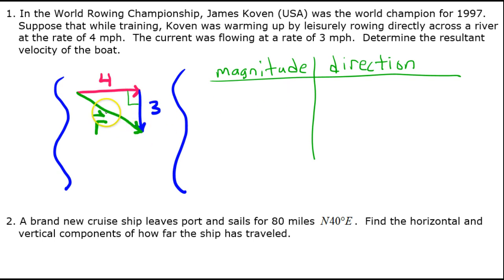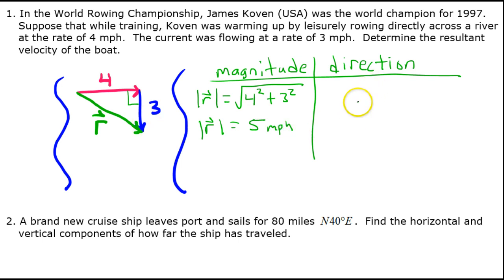So we can just go ahead and find the magnitude and direction immediately. The magnitude of the resultant vector is just going to be the square root of 4 squared plus 3 squared. So that magnitude is just going to be 5 miles per hour.